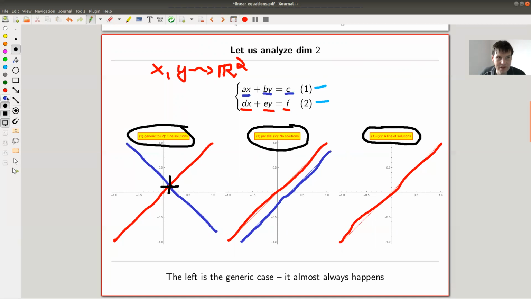In this case blue equals red, and you get infinitely many solutions, or a line of solutions. These are basically the three cases that happen. Either you have one solution, which is the generic case that almost always happens, or you have no solution, or you have infinitely many solutions.